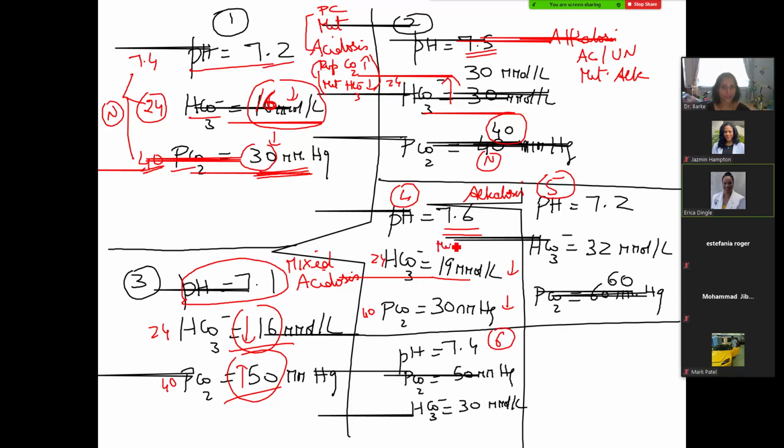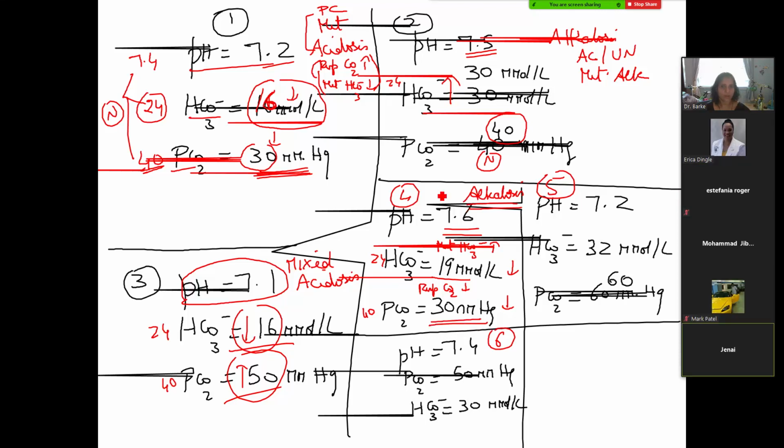If it was metabolic, what should have happened to bicarbonate? Increase, sorry. And if it is respiratory, what should have happened to CO2? Decrease. So which has happened? CO2 decrease. So it is respiratory alkalosis.